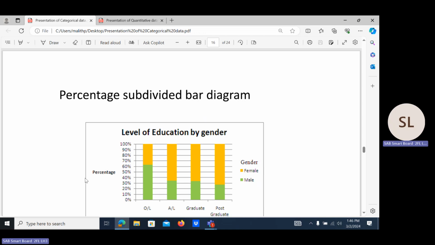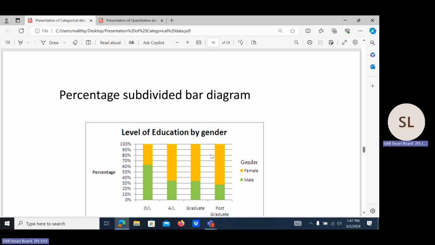The height of each bar is the same. What is the reason for that? Each bar represents the total percentage value. Normally the total percentage value is always 100, so the height of each bar represents 100%.